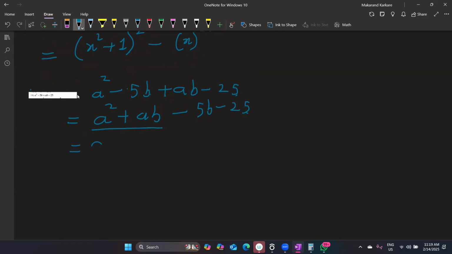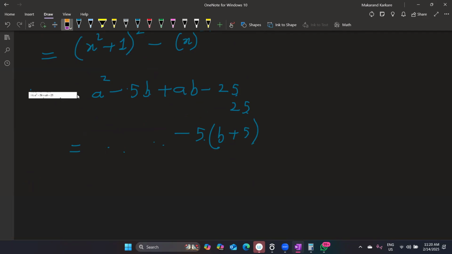If I take a common, then I will get a plus b. That doesn't do anything. And if I took minus b common here, no, that doesn't take me anywhere.